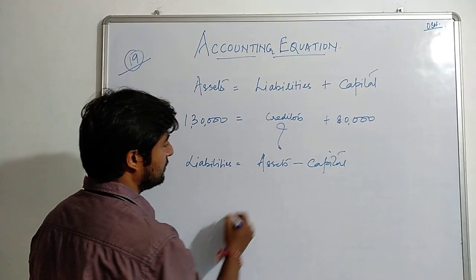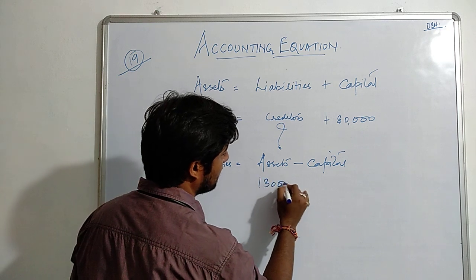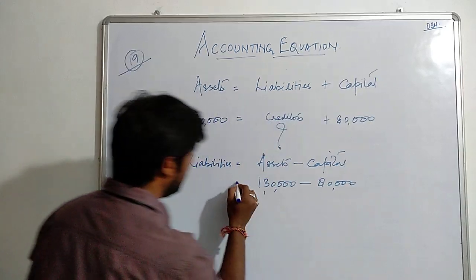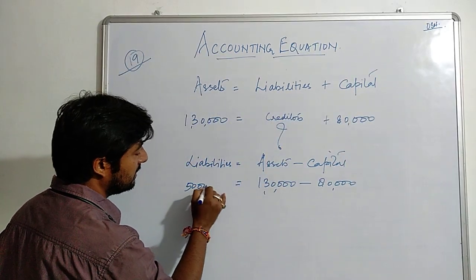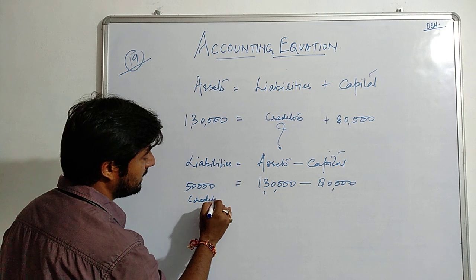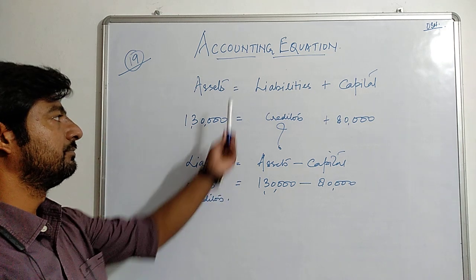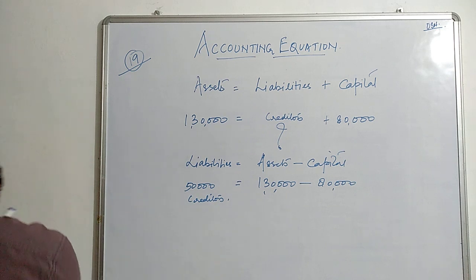What is the amount of assets? 1,30,000 less 80,000 comes to 50,000 as the amount of creditors or liabilities. Is this question clear to all of you? Right.